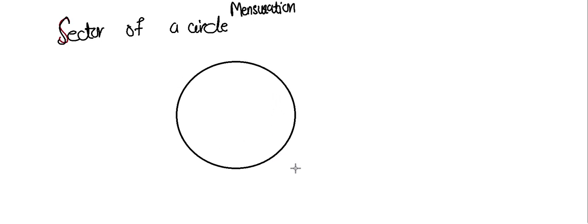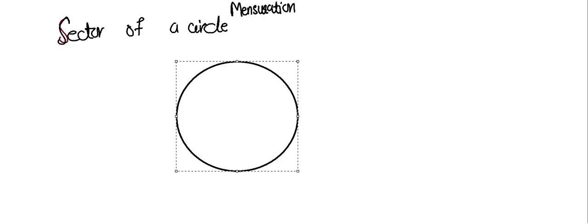Now, there are a few other terminologies that I want all of you to understand. First things first, what is a sector? What is a sector of a circle? If I was to make a circle like this and divide that circle into two parts to an extent that I have a pizza shape, like this.